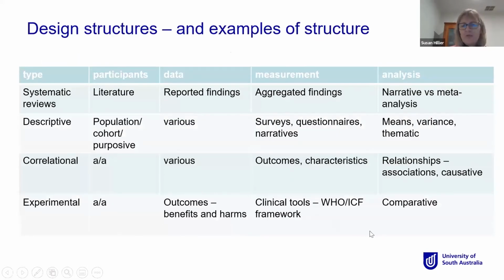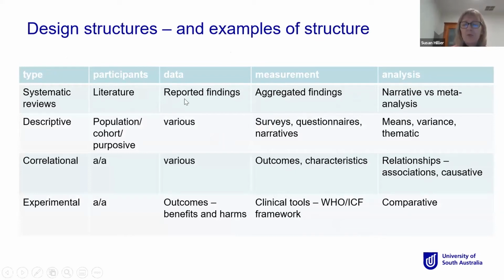So examples of this kind of structure, where we're looking at the different sources of data, the different sorts of participants and measurement, and then the different analyses. With systematic reviews, as I've said, the participants are actually, in this case, the literature, the published, possibly peer-reviewed, but we could use grey literature.